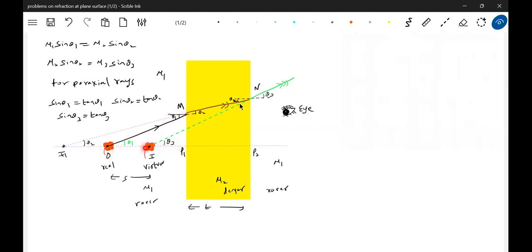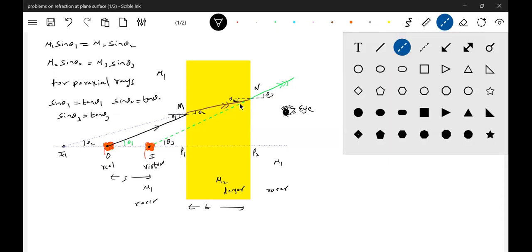Then tan theta 2 will be directly from here, P2N by P2I1. Tan theta 3, P2N by P2I. So we'll get the required things. So that is one method. Try that method. Let me show you another method which we usually prefer in numericals.